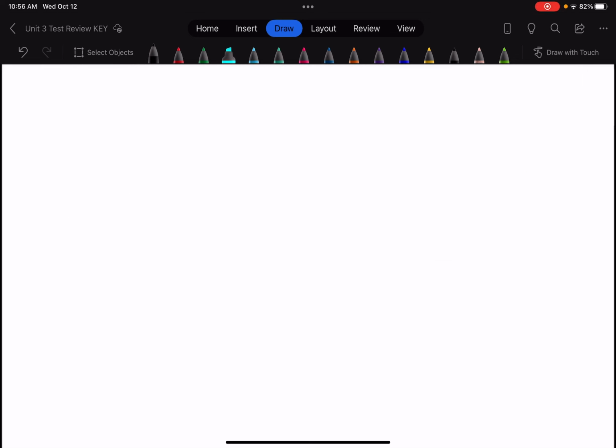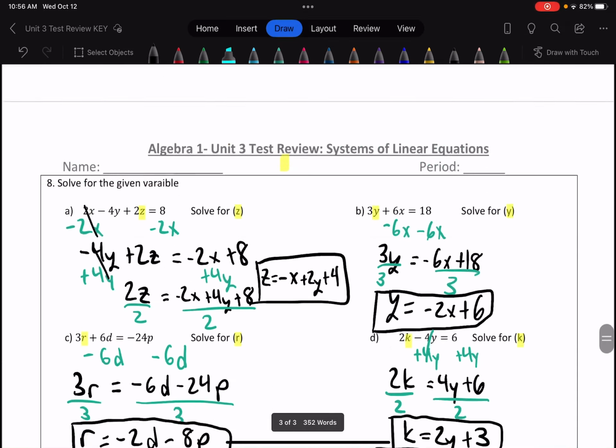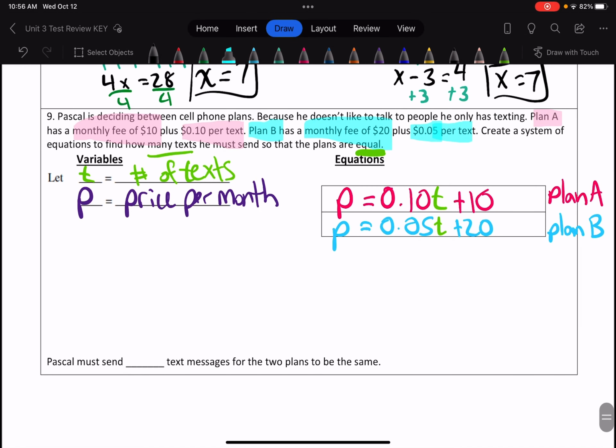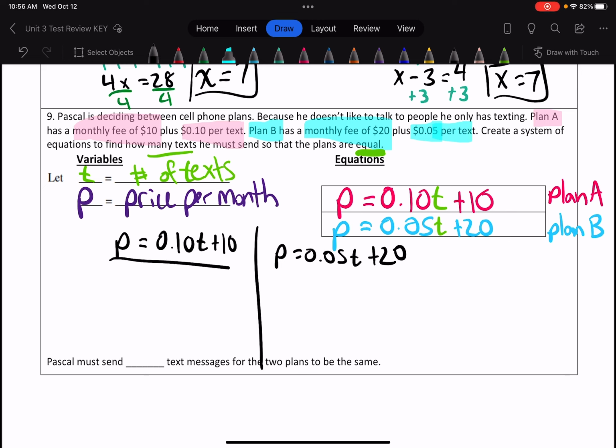Well, I've got two equations here. I've got P is equal to 0.10t plus 10, and P is equal to 0.05t plus 20. In order to make their price per month equal, I can replace the value of P in the left equation with the value of P in the right equation.